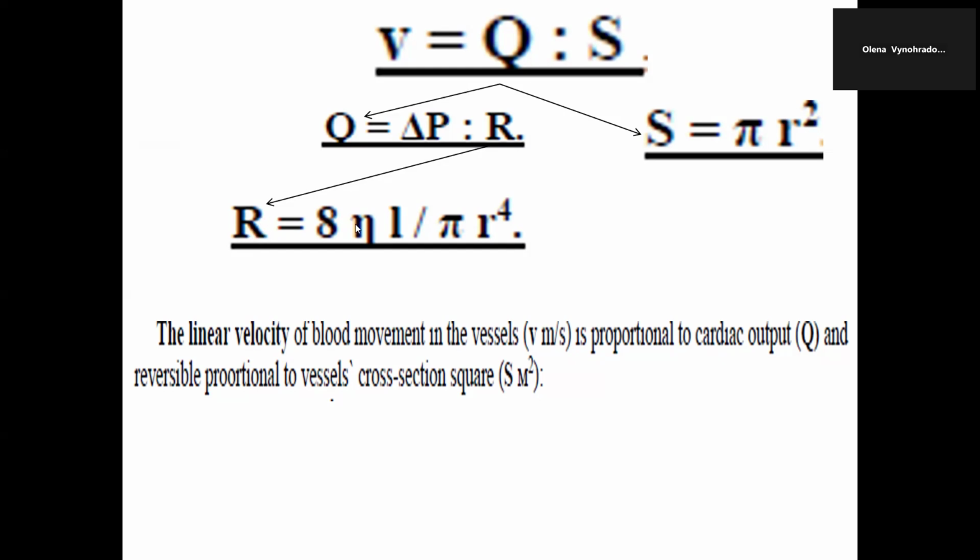Resistance depends on viscosity of the blood, length of the vessels, and radius of vessels. If you have a question about the most important factor for resistance of the vessels, you will answer: this is the radius of the vessels. The most important is the radius of the vessel, because you see what degree we have here. Okay.